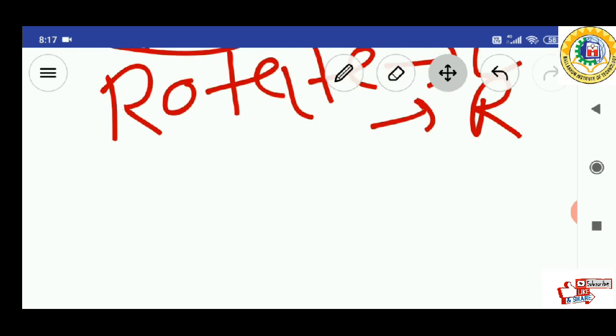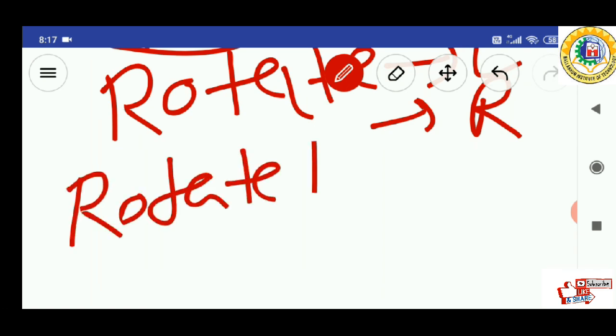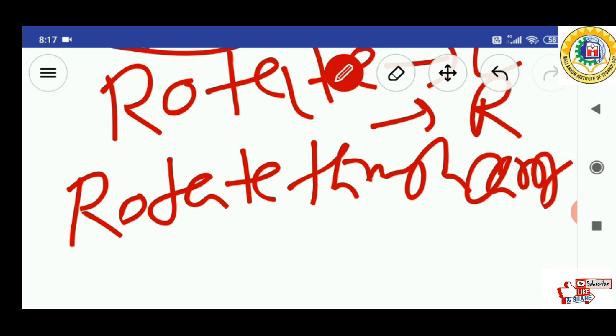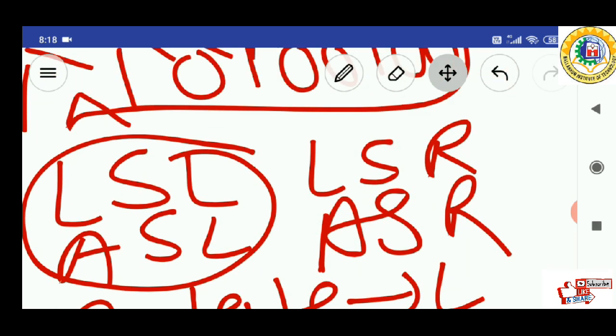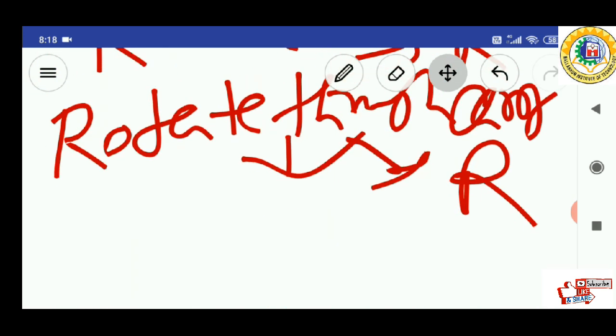Then we discussed rotate through carry, which is also composed of two operations: rotate through carry left and rotate through carry right. So you can see that there are a total of 8 operations: 1 2 3 4 5 6 7 8. These 8 operations are all composed of shift operations.